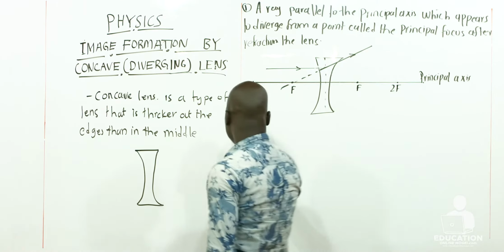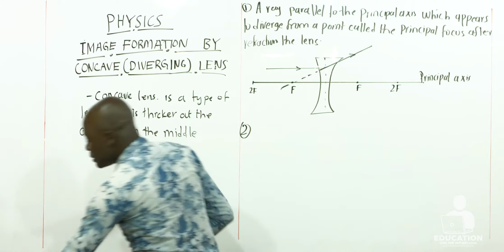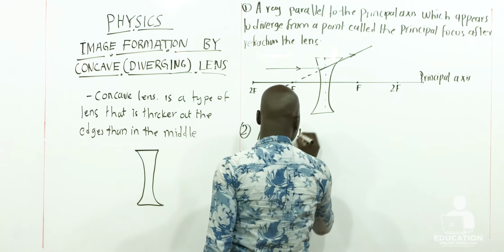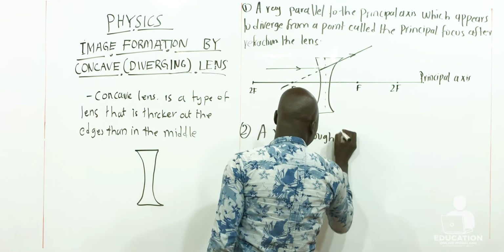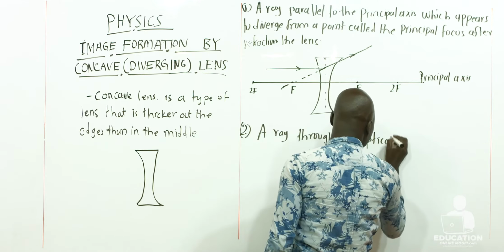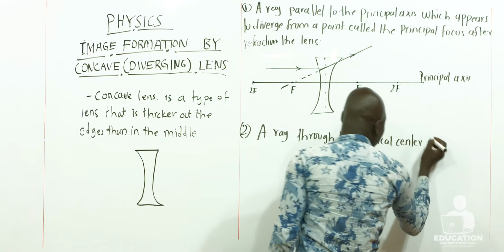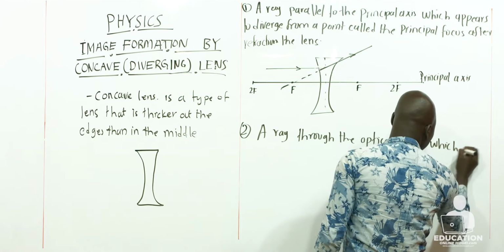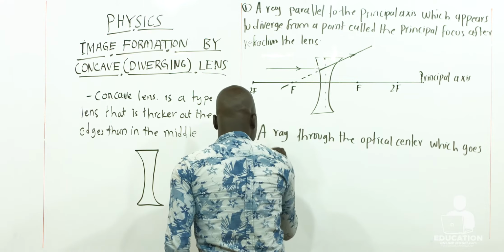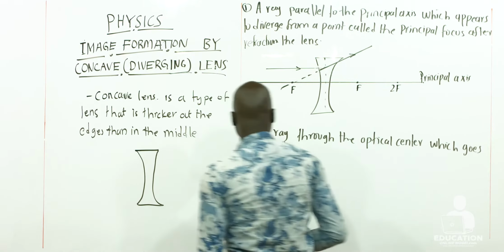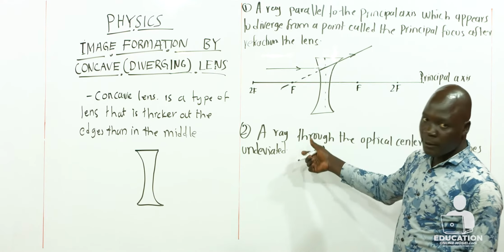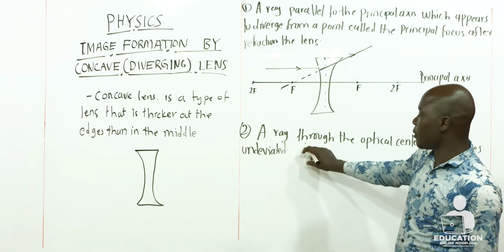Then the second ray that we are going to use is a ray through the optical center, which goes undeviated. This is the second ray that we shall use to indicate the position and the characteristics of the image formed by a concave lens.